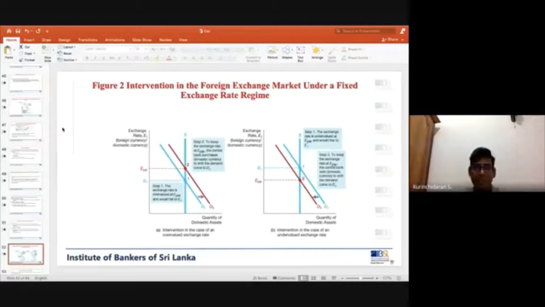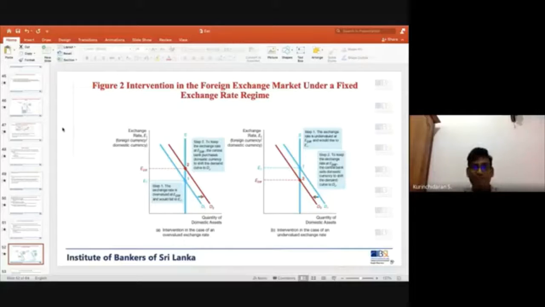When the central bank sells the domestic currency, the demand curve moves to D2. Then again, the exchange rate would be set at E par.